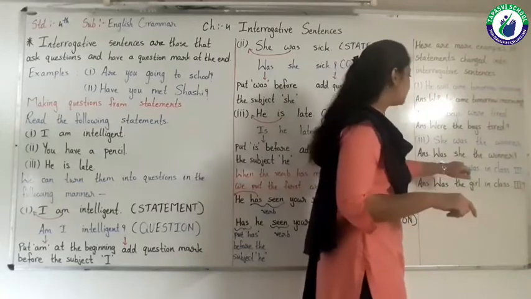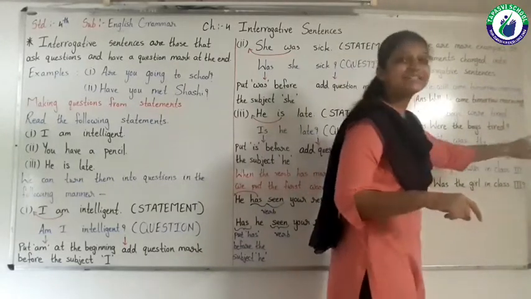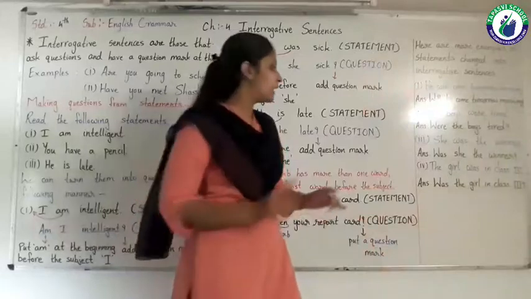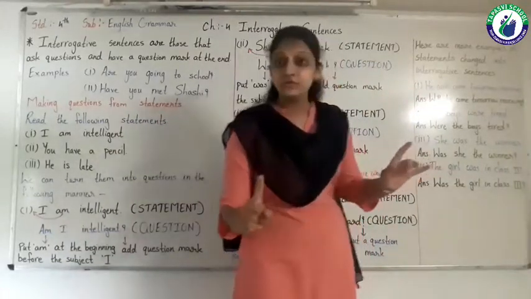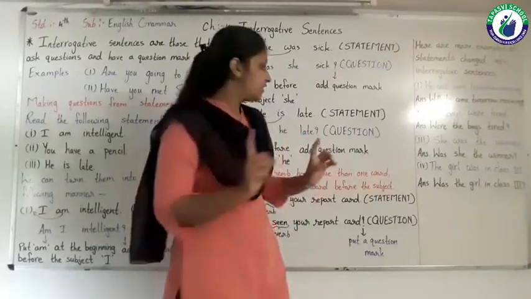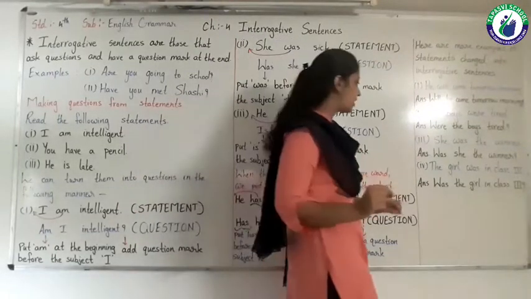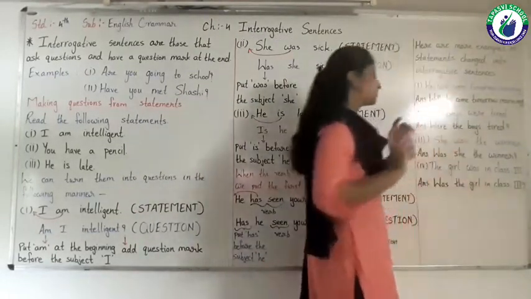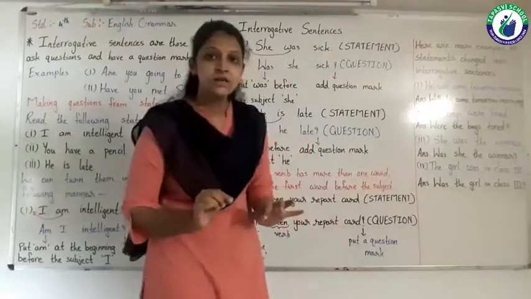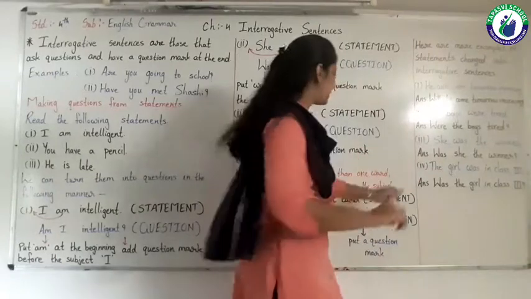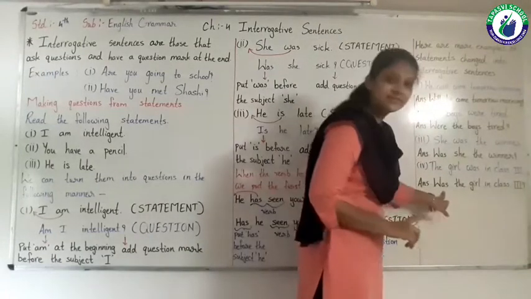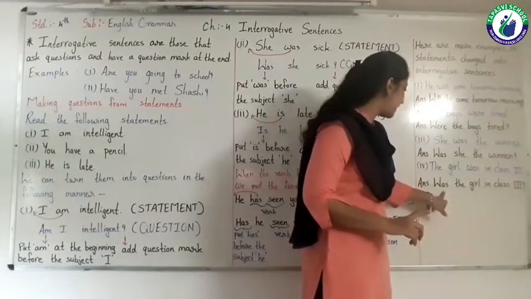The girl was in class 3. Okay. Now from this sentence, first of all we have to find verb. In this sentence, which word is a verb? Was. So put was before the subject the girl. So यहाँ पे हमने was put up कर दिया, ठीक है, subject के पहले.